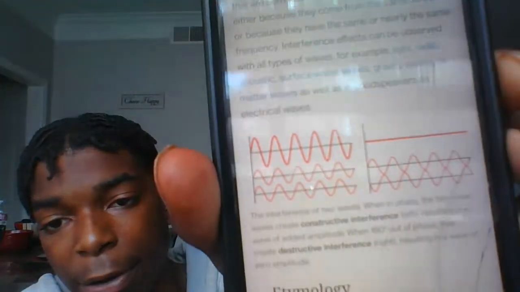So, destructive interference results from the interaction of waves that are correlated or coherent with each other, either because they come from the same source or because they have the same or nearly the same frequency. We already read this. But like I said, interference pattern.